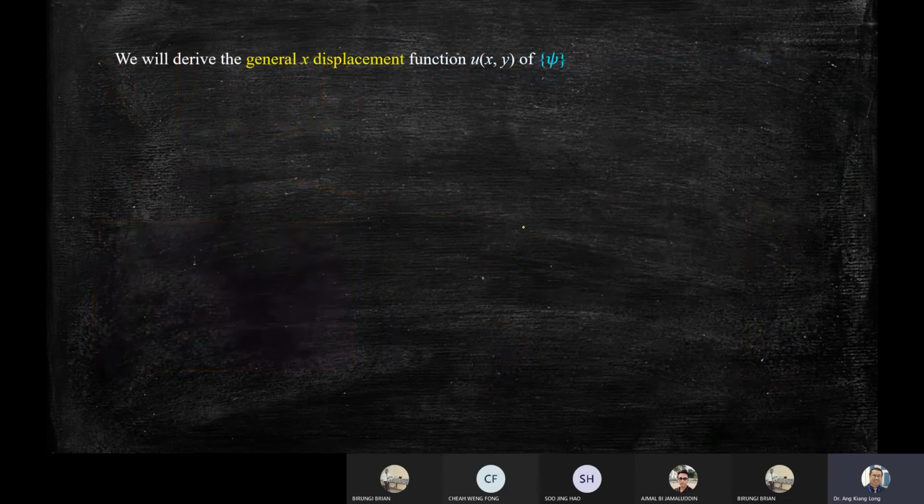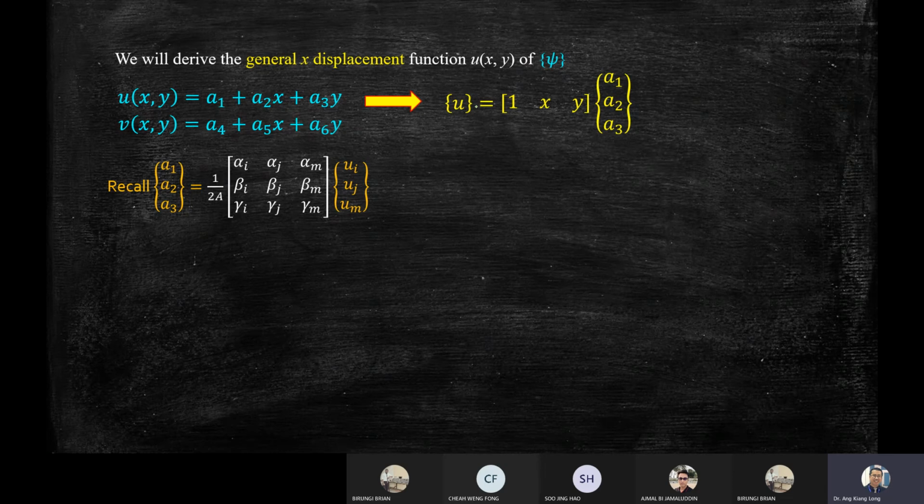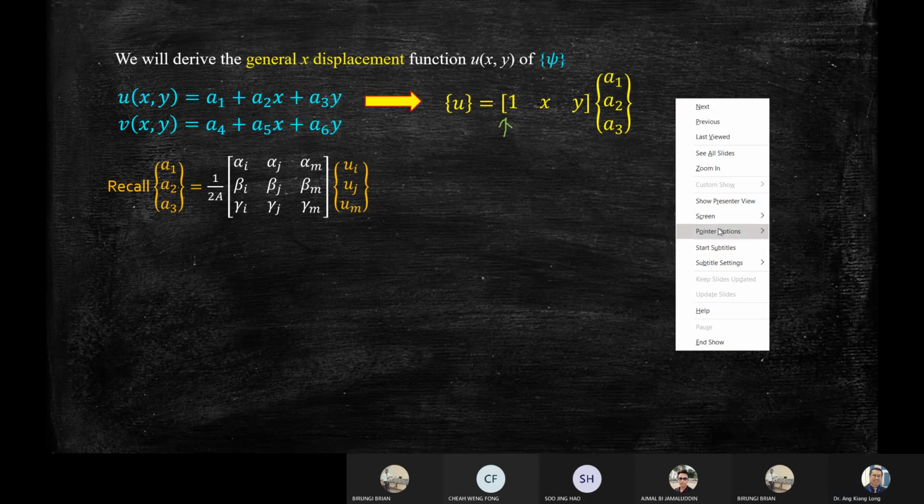So we move on to the next slides. This is how we derive the equation and put it in matrix form. For example, u equals a1 plus a2 x plus a3 y, we write in matrix form like this: u equals the square bracket 1 x y times the curly bracket a1, a2, a3.